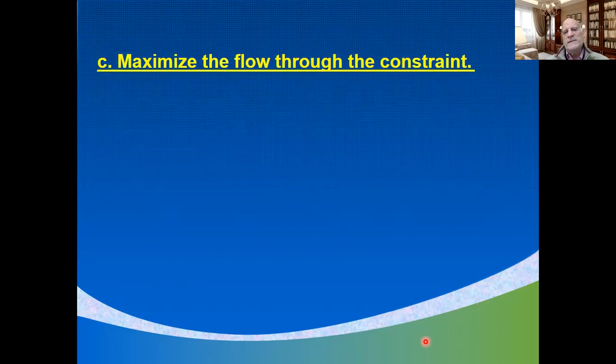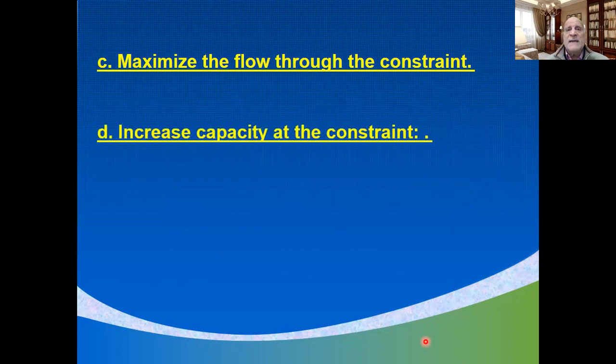Step number 3 is to maximize the flow through the constraint. And step number 4 is to increase capacity at the constraints.